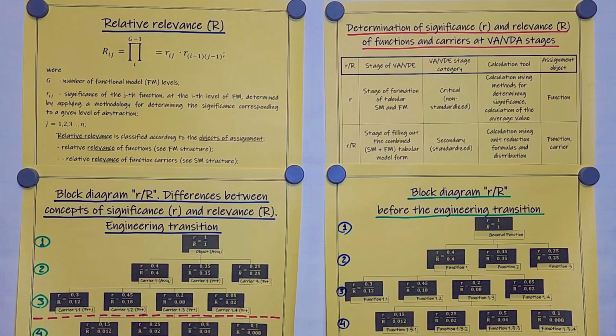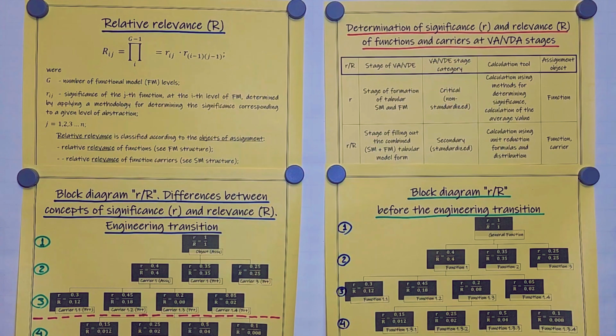Hence, the block flowchart significance relevance is not only a tool for visualizing the difference between the concept of significance and relevance, but also a tool for visualizing the level of abstraction of considering the structural model and functional model, as well as their combined display, in particular in practice.